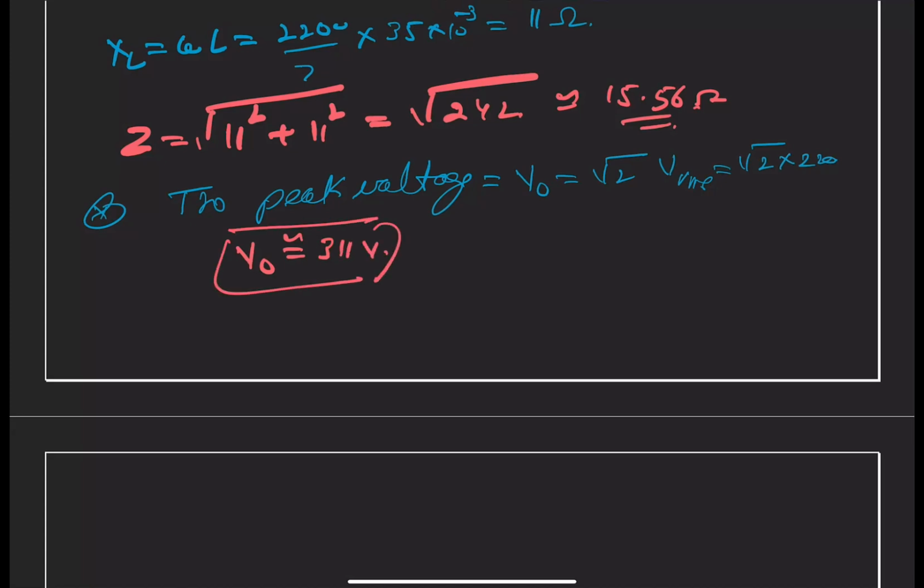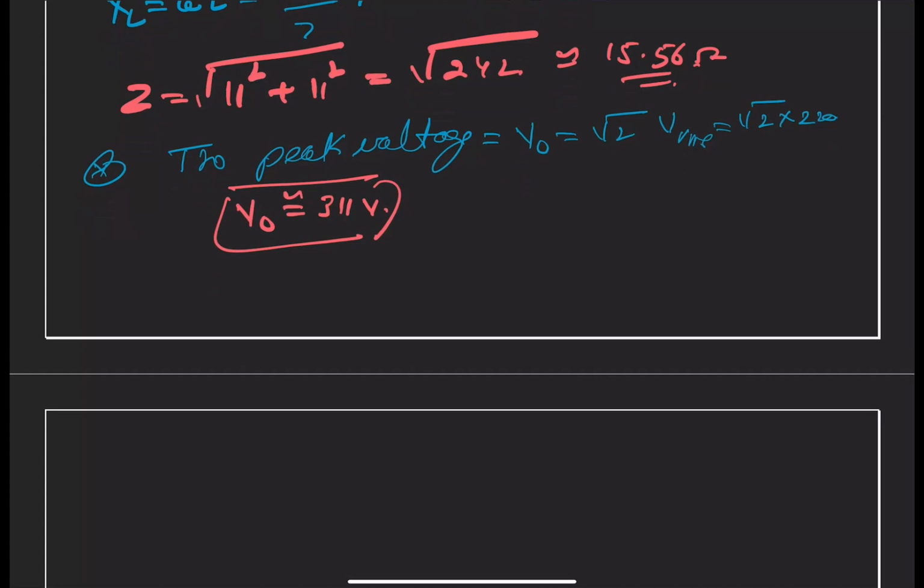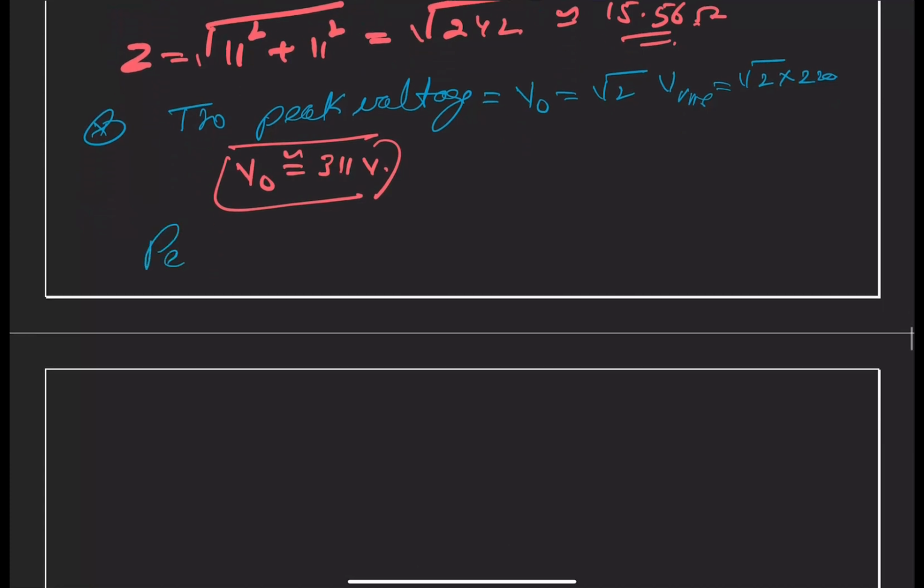Now we can find out the peak current. Peak current, which is our I0, will be equal to peak voltage divided by the impedance. Peak voltage is 311, divided by 15.56.